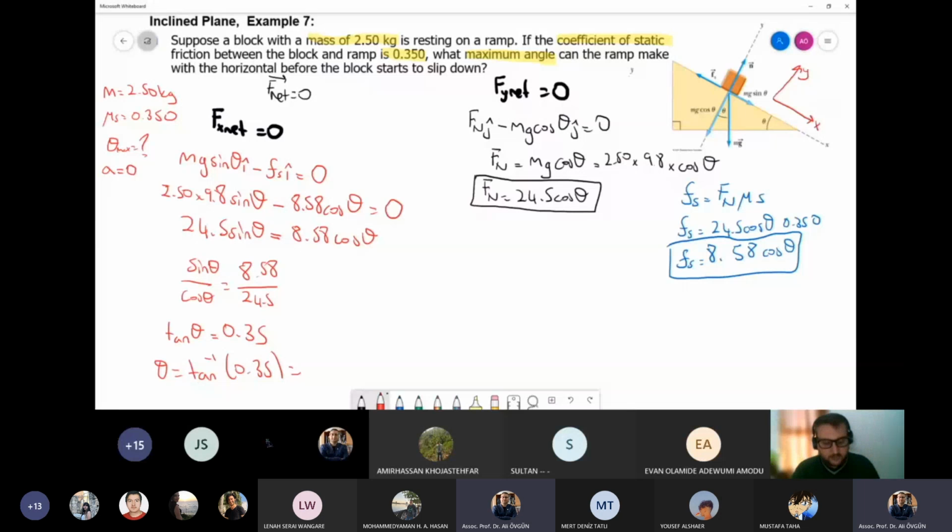By using the calculator, you can find it is equal to 19.3 degrees. So this will be the maximum angle for the block. Any questions?